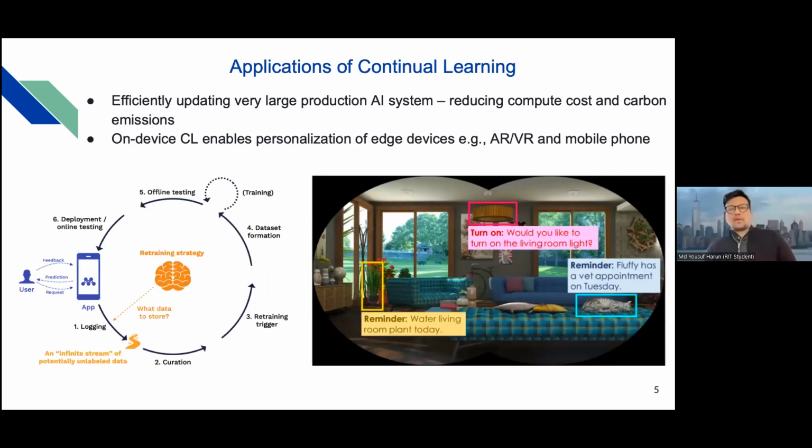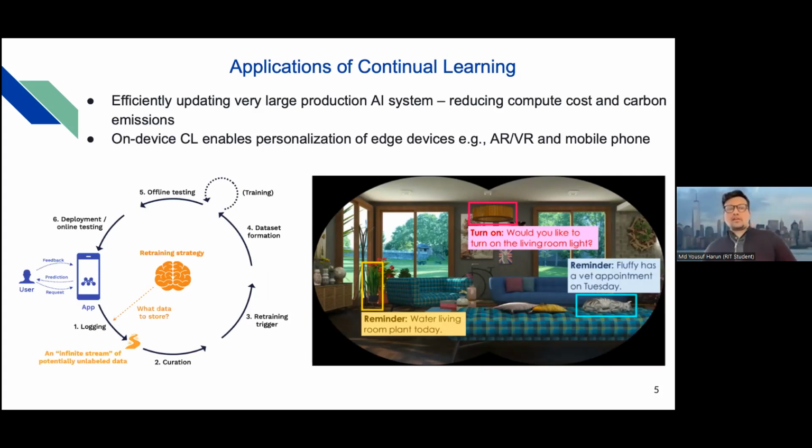So let's look at some applications of continual learning. It has a wide range of applications. At one extreme, we have large production AI systems, which are retrained from scratch when new data is available, and it's very expensive to retrain these large models, especially large language models.